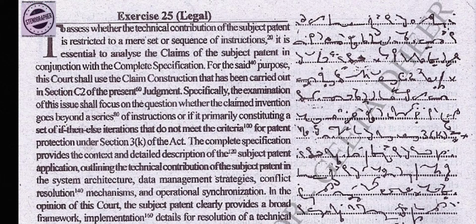Specifically, the examination of this issue shall focus on the question whether the claimed invention goes beyond a series of instructions or if it is primarily a set of if-then-else iterations that do not meet the criteria for patent protection under section 3K of the Act.